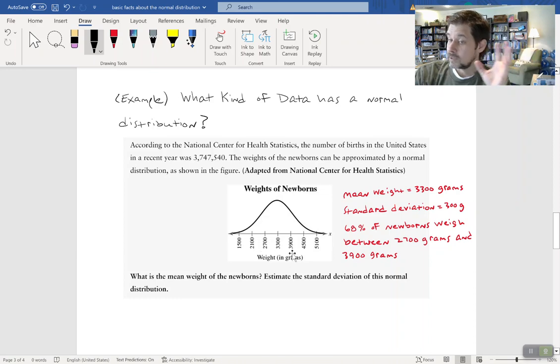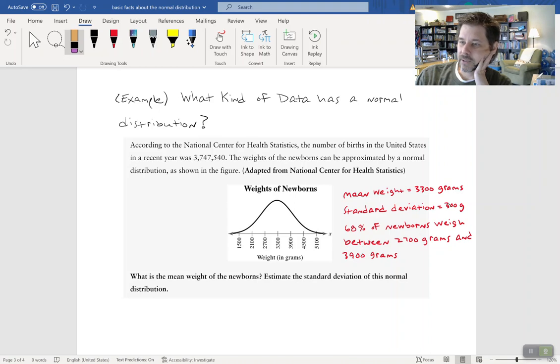So what's the standard deviation then? If 3,300 is the mean and 3,900 is 1 standard deviation above it, then how far is that? That's 600, from 3,300 to 3,900. Sorry, I messed that one up.